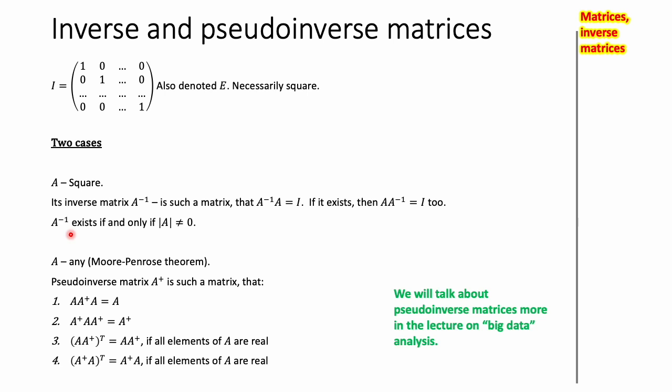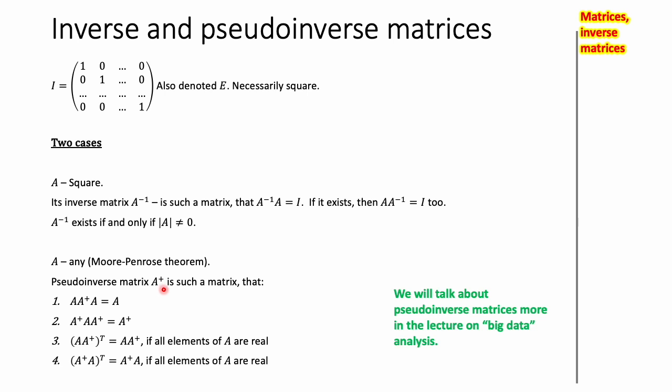The second case is if A is not necessarily square, then the so-called Moore-Penrose theorem holds. For any matrix A, maybe non-square, maybe not invertible, a pseudo-inverse matrix A plus exists.